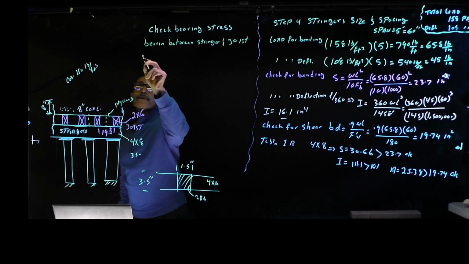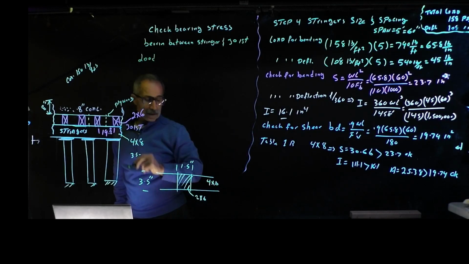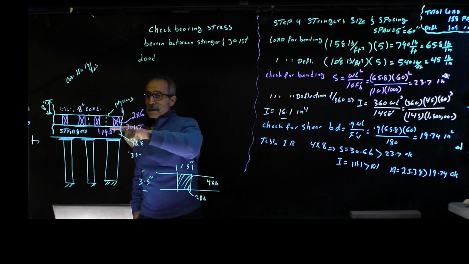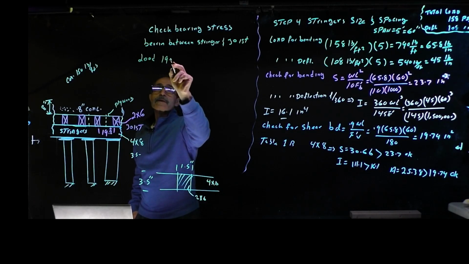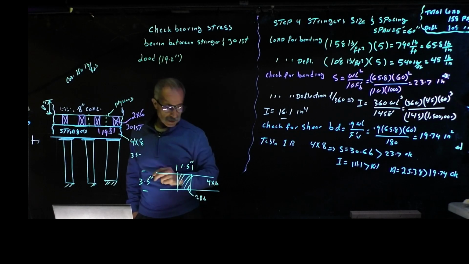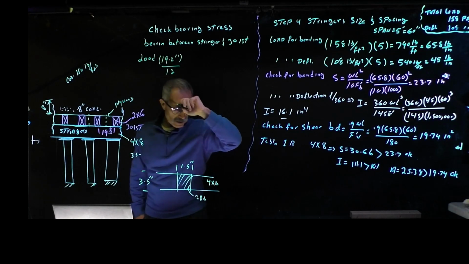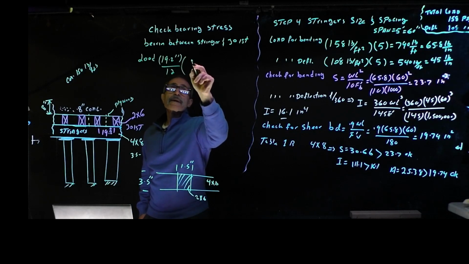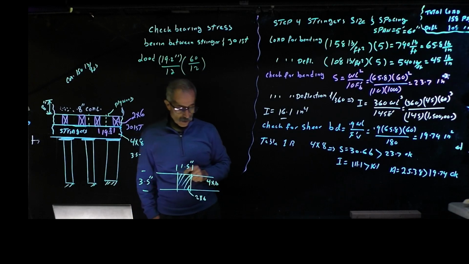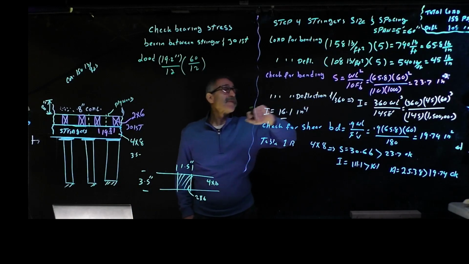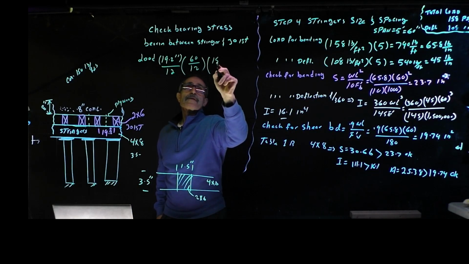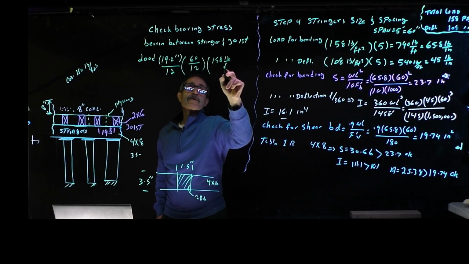My load first is going to be, we said the distance is 19.2 inches. Divide that by 12, and then we multiply by 60 divided by 12. That gives us a total area, and we have 158 pounds per square foot.